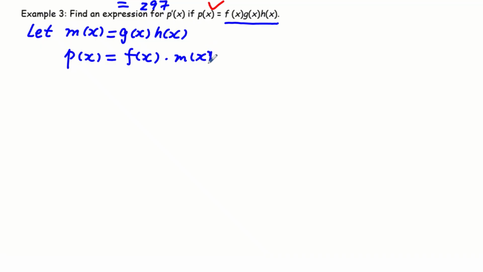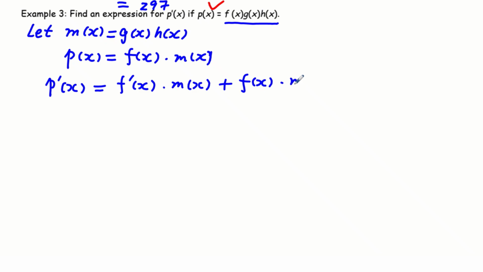Then we know how to find the derivative of 2 functions multiplication, use the product rule. So f prime x times the second function, plus first function times second function derivative.